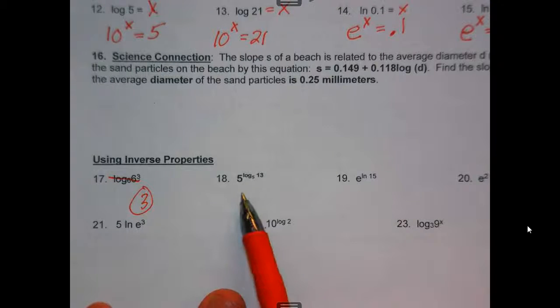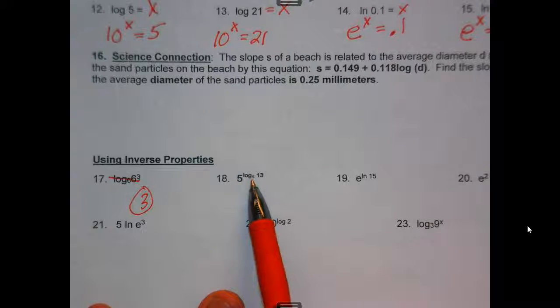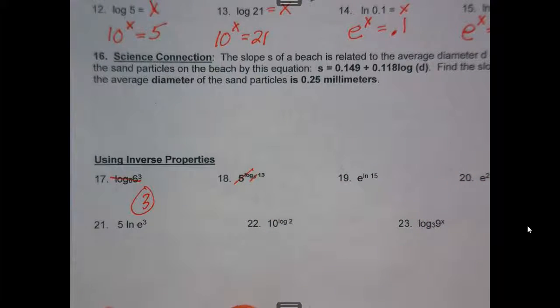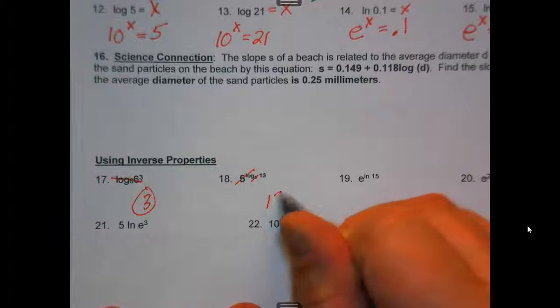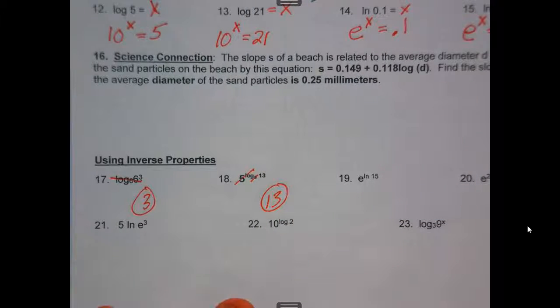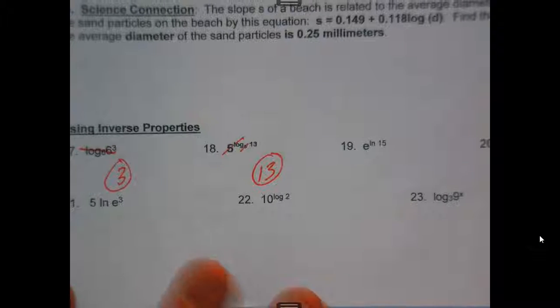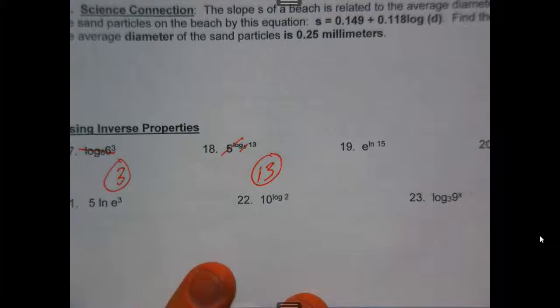How about number 18? My exponent base is what? And my log base is what? Don't they cancel each other out? So what's my answer? Maybe. We'll keep going and see if that works for all of them. Probably not, knowing mathematics.